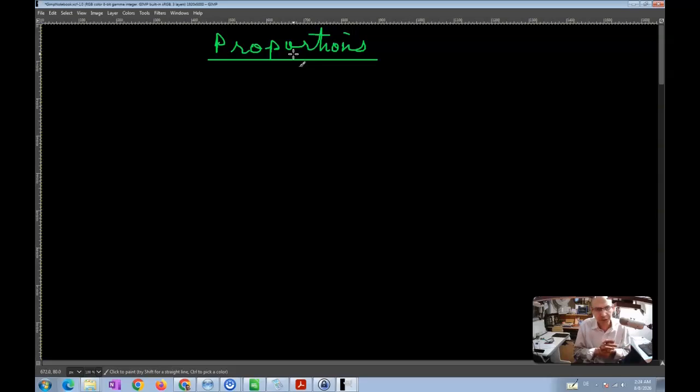The concept has not been introduced yet in this textbook. There is a chapter on proportions somewhere in class 6, and we are going to study proportions in detail over there. But for now, since we have to use it, I will introduce it. I will point out a couple of its properties, and then later on we will do it in more detail.